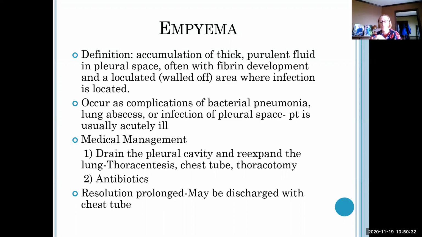They may or may not do a thoracotomy. Usually they're going to wait to start antibiotics before they would go in and open it up and remove that area of empyema, because you don't want it to spread and cause worsening infection and sepsis. So monitoring them closely for those signs of sepsis is really important, with fevers and their vital signs and everything, their white counts, all those things.